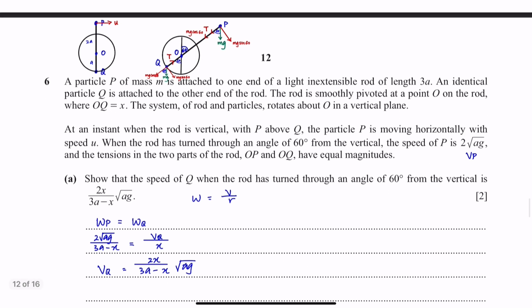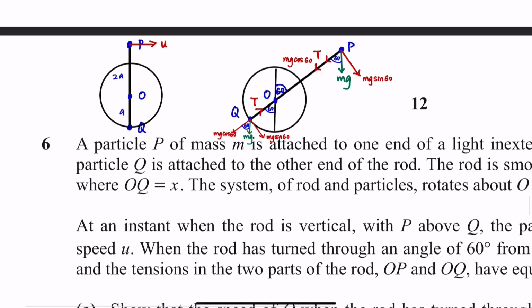We see that for particle P, it's now at a lower level, so the gravitational potential energy is lost. So it loses gravitational potential energy, but it gains kinetic energy.